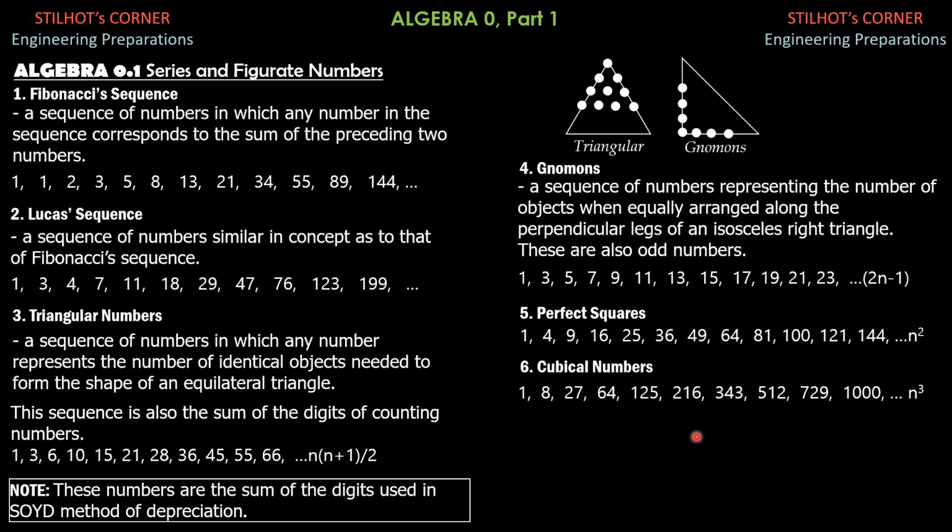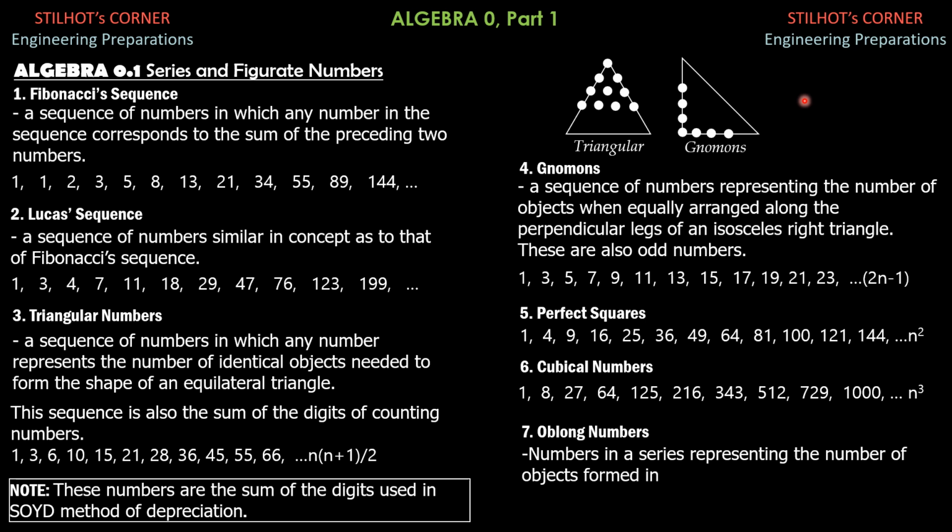Next is oblong numbers. Numbers in a series representing the number of objects formed in rectangular arrangement. So the number of objects in one side is 1 less than the number of objects on the other side. So the arrangement would be 1 by 2.